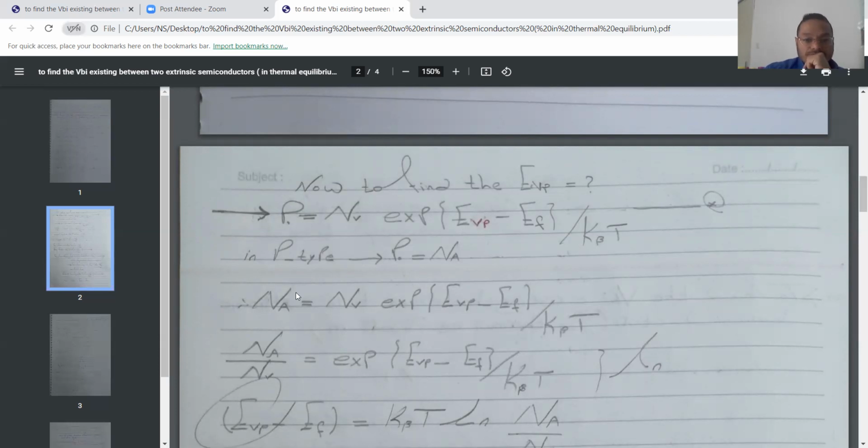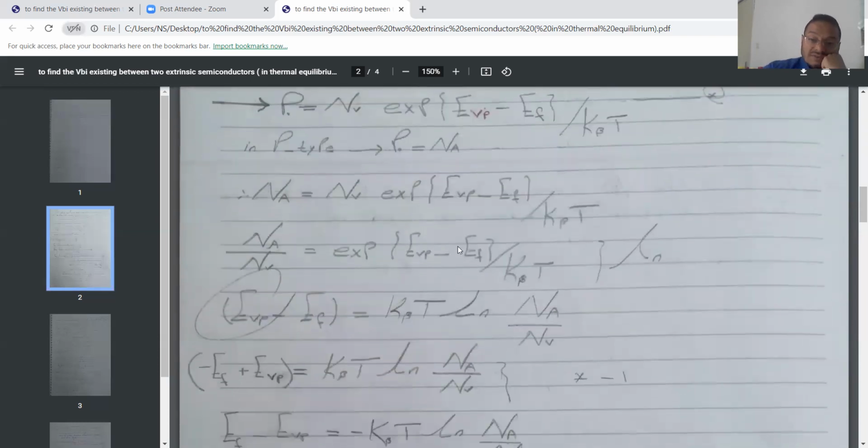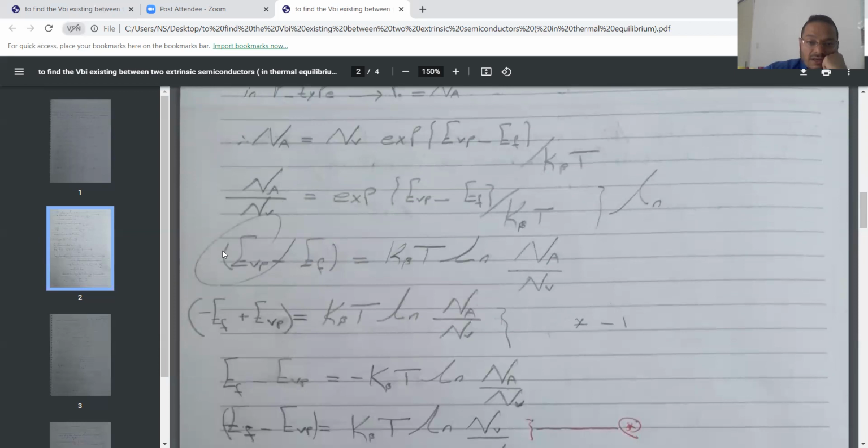Here we will substitute N_A, and after that divide this equation by the effective density of the valence band and take the log as before, to get this bracket equal to Boltzmann constant times temperature times the log of the concentration of acceptors divided by the effective density of the valence band.